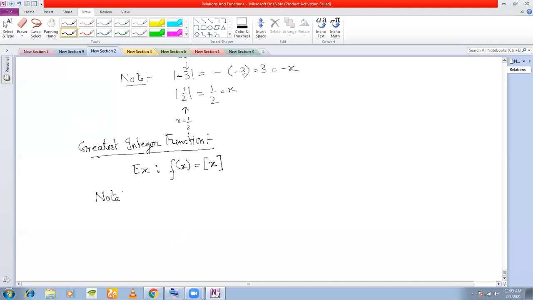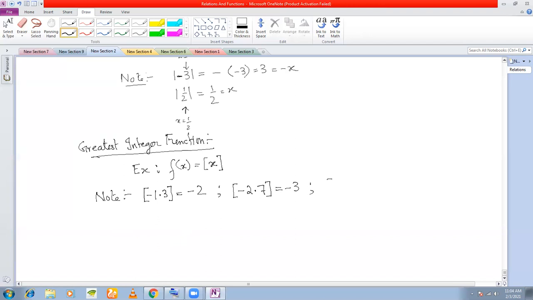Suppose we want to find the greatest integer function of minus 1.3. Now 1.3 is a decimal number, right? What is the greatest integer after minus 1.3? It is minus 2, right? So we take minus 2. Suppose I want to find out the greatest integer function of minus 2.7. What is the greatest integer for minus 2.7? Minus 3.